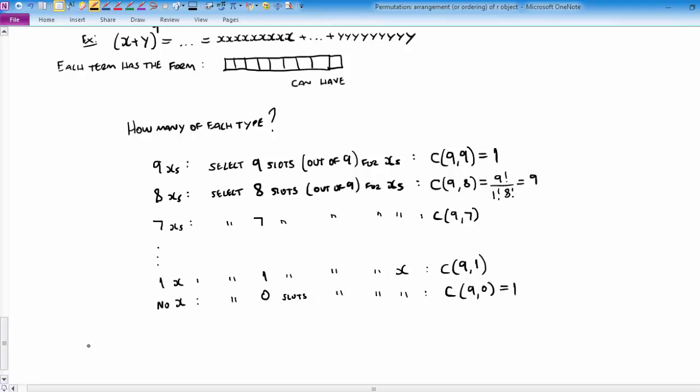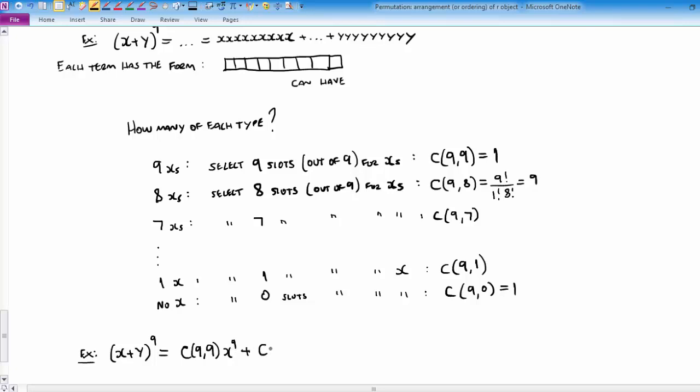So we can simply write (x plus y) to the 9th power. That would be C(9,9) x to the ninth. Why is that? Because we have that number of terms of x to the ninth power.